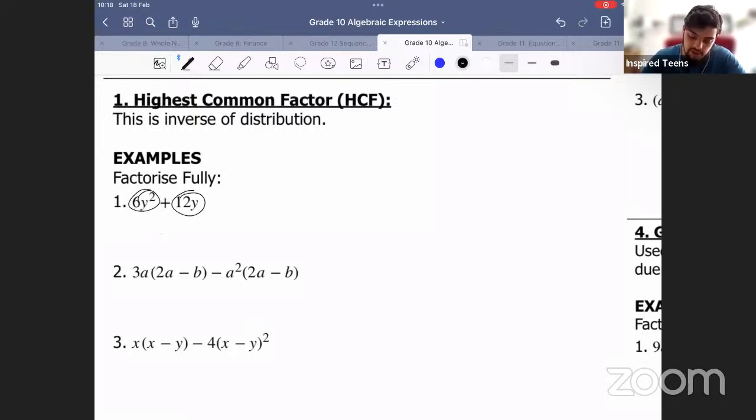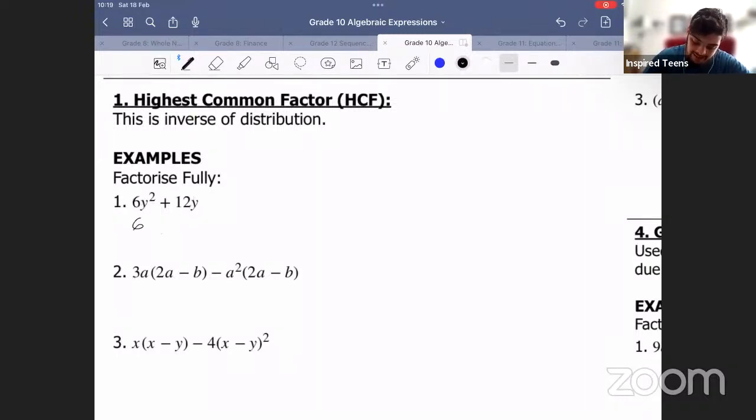We work with the coefficient separately, and we work with each different variable separately. Let's work with the coefficient. The highest common factor between 6 and 12 is 6, because 6 can go into both numbers.